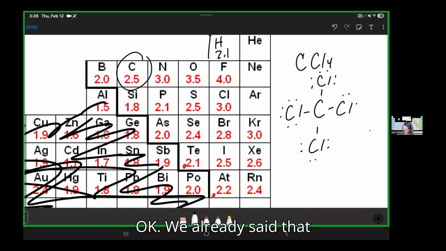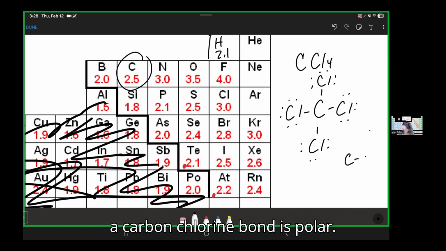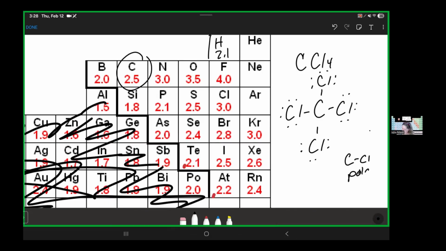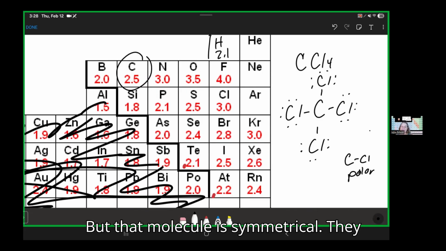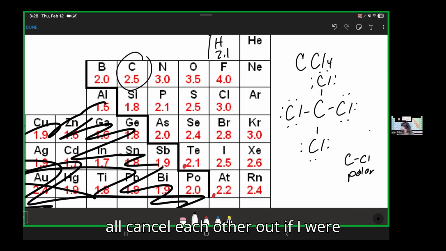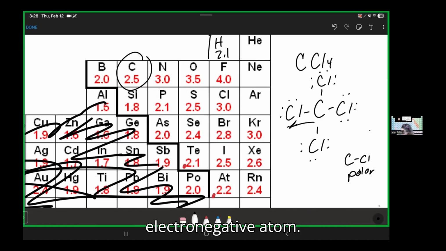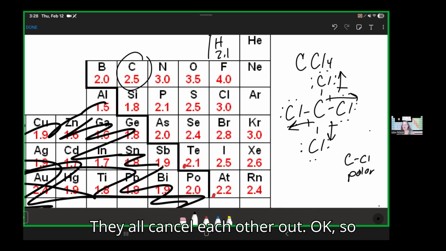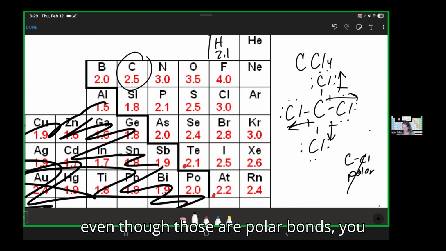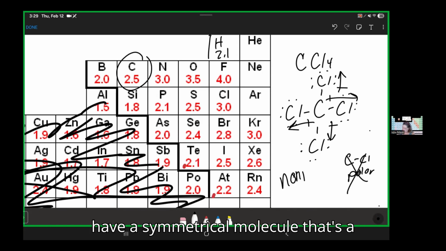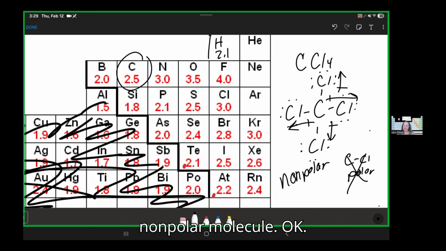We already said that a carbon-chlorine bond is polar, but that molecule is symmetrical. They all cancel each other out. If I were to draw those arrows toward the more electronegative atom, they all cancel each other out. So even though those are polar bonds, you have a symmetrical molecule that's a nonpolar molecule.